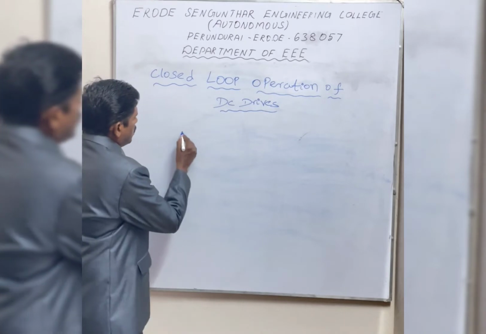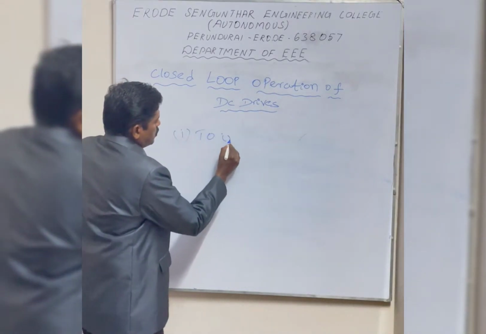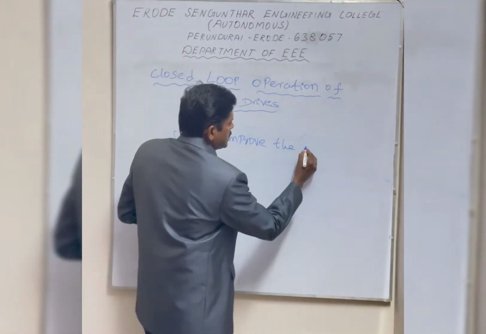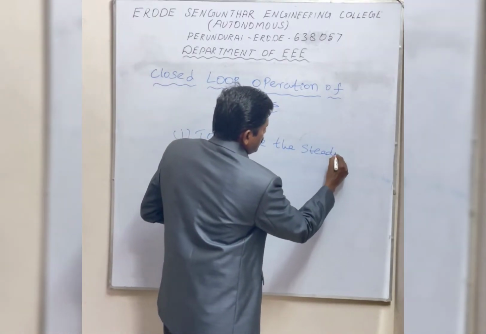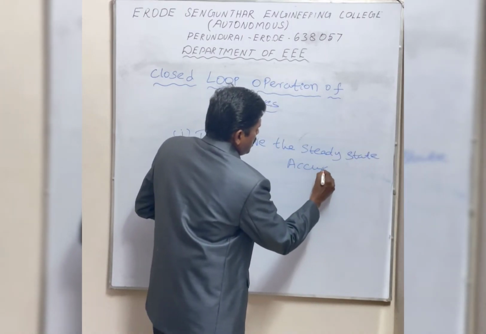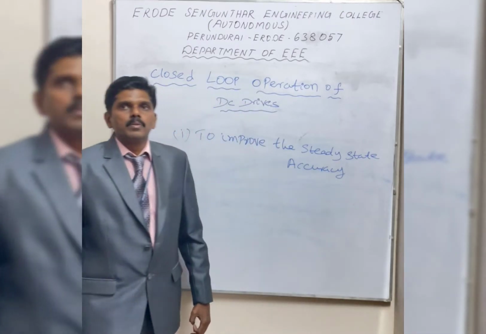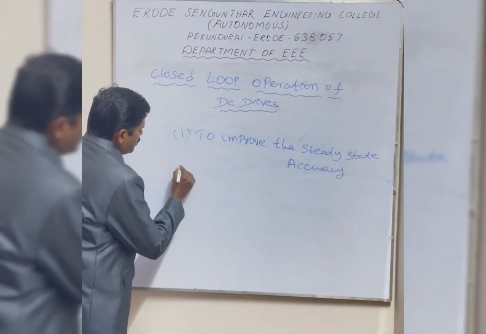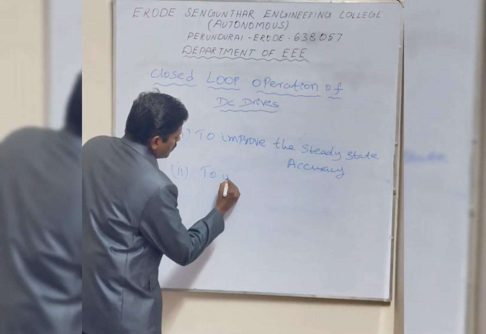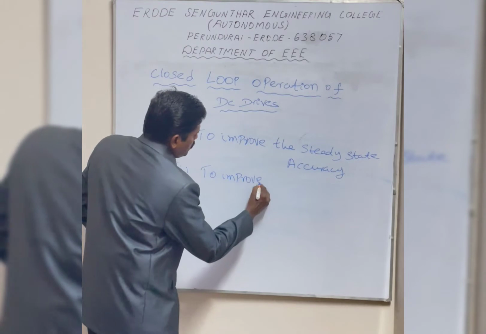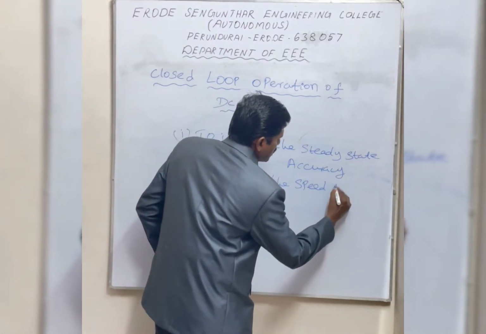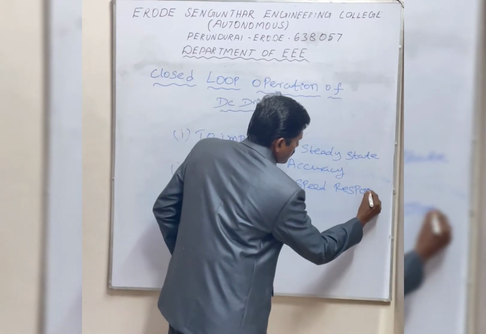The first one is to improve the steady state accuracy of the system. The second factor for going to the closed loop operation is to improve the speed response of the system.